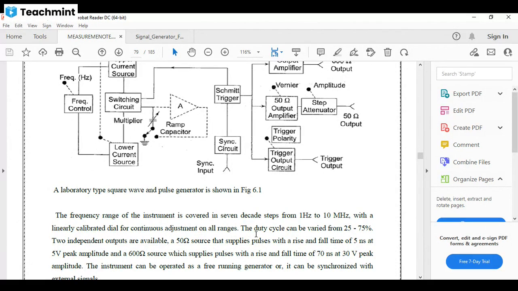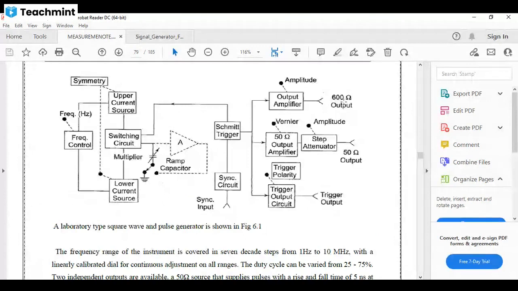Two independent outputs are available: the 50 ohm source that supplies the pulse with rise and fall time at 5 volt peak amplitude, and the 600 ohm source which supplies the pulse with fall time of 700 nanoseconds. So here are two outputs, one is the 600 ohm output and the other the 50 ohm output.